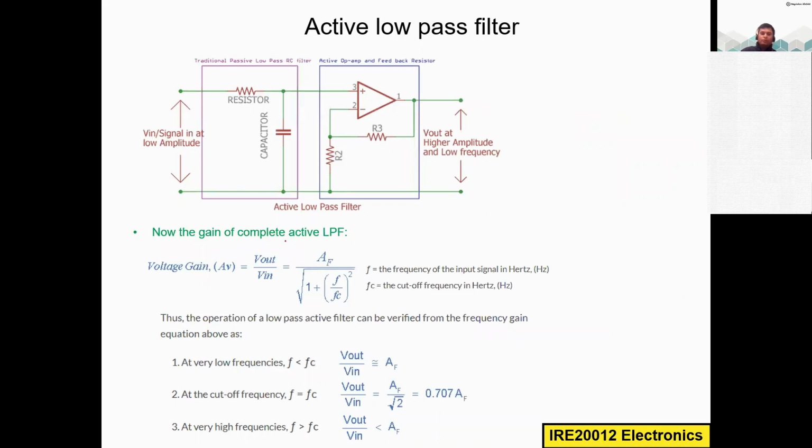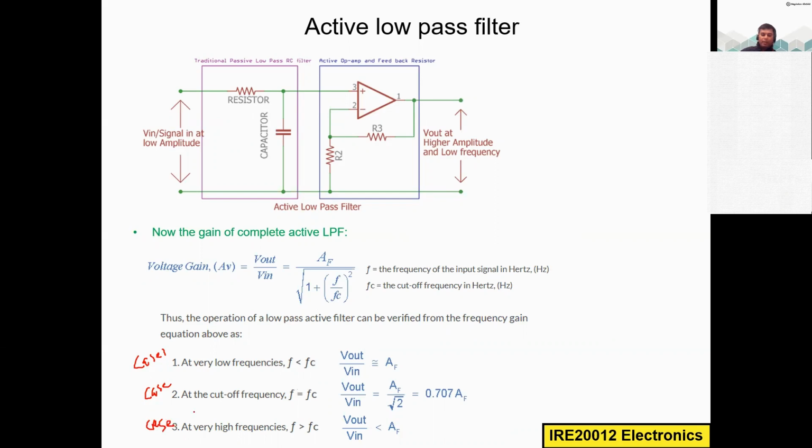Now we know the gain of the complete active low pass filter, so we can have three different cases: case 1, case 2, and case 3.